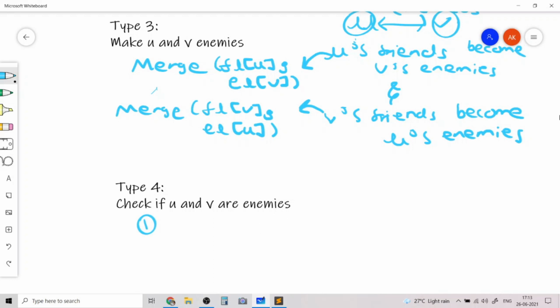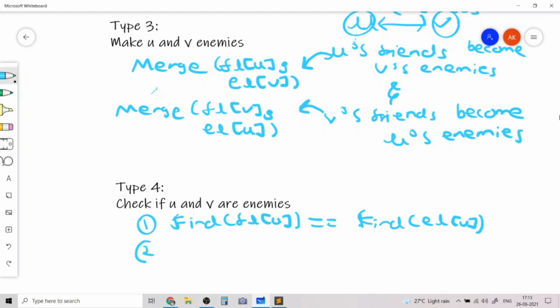So the first way in which U and V can be enemies is if the friends of U are the enemies of V, or the other way around, which is the friends of V are the enemies of U.